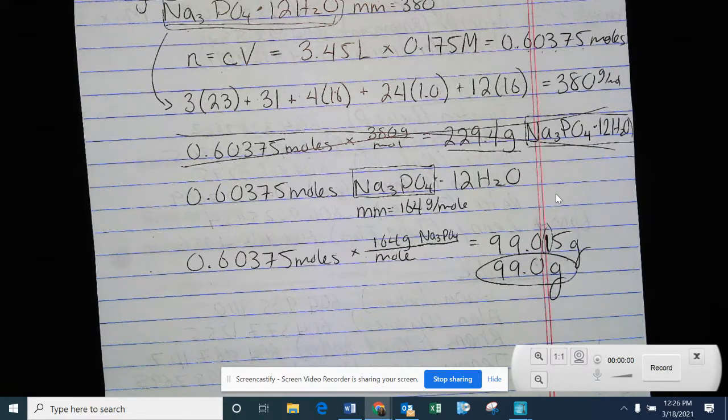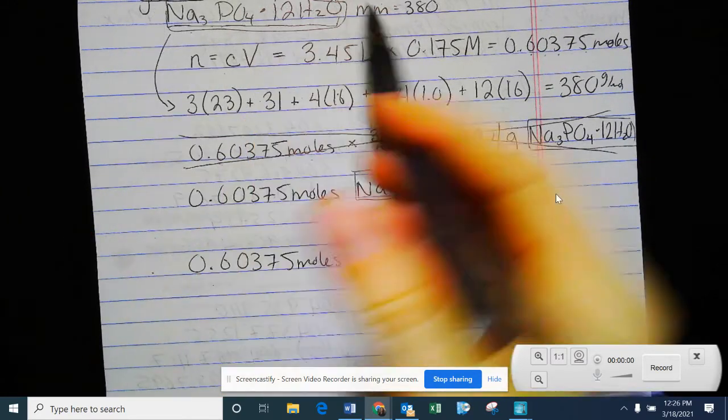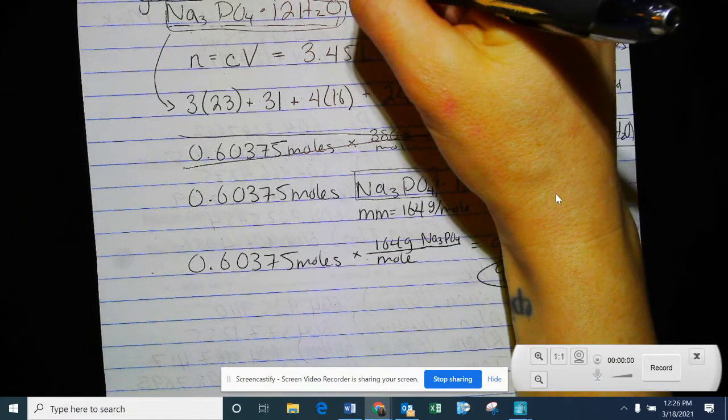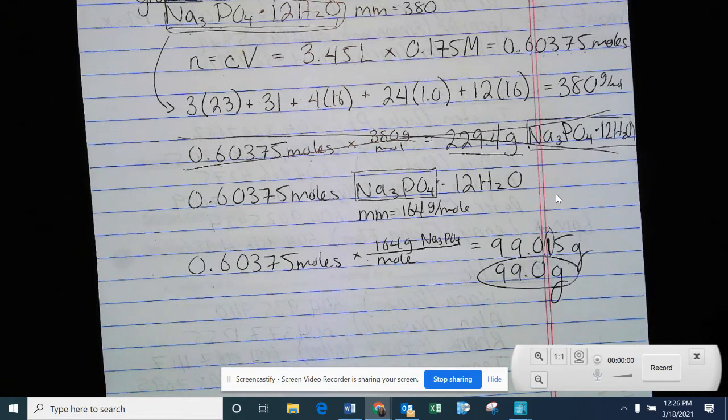Does that process make sense to you guys? Okay, cool. So if it's asking for one thing within a hydrate, you don't use the whole mass of the hydrate. If it was asking for how many grams of Na3PO4 12H2O, then you would use the whole mass.